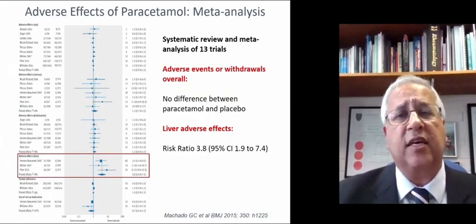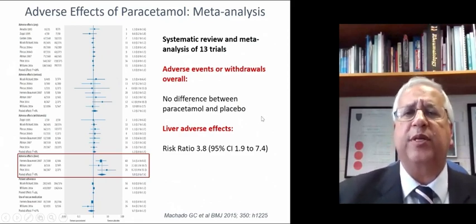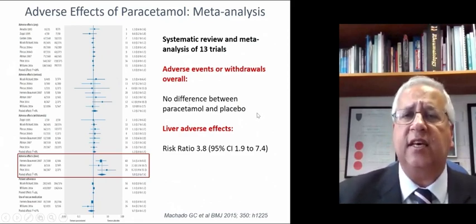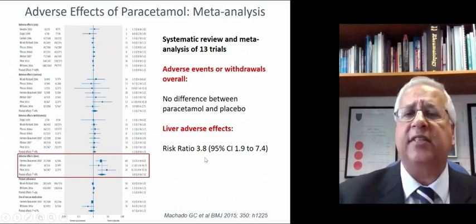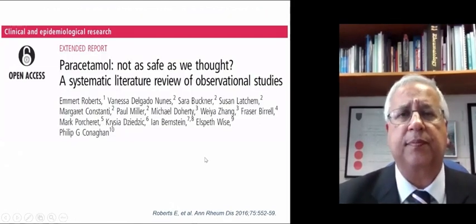However, there was, even at this early stage 6 years ago, concern about adverse events. There was no overall difference between paracetamol and placebo in these 13 trials in the adverse event rate, but there was an elevated risk ratio approaching 4 for hepatic adverse effects.